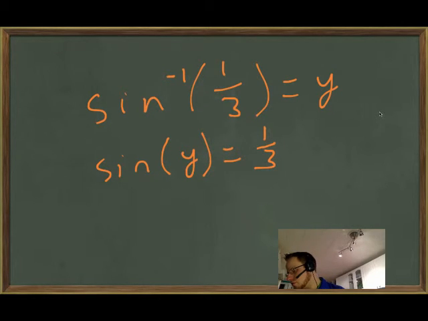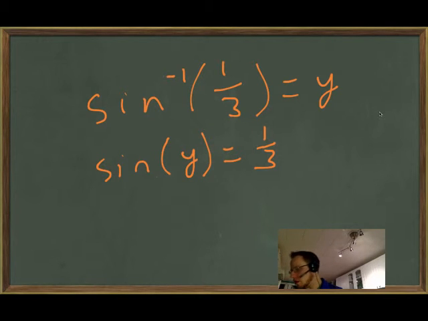With this, you're going to have to use our calculator. All you do is you hit second sine and then type in the 1/3, and that gives you your answer. Cosine works pretty much the exact same way, and same as tangent.